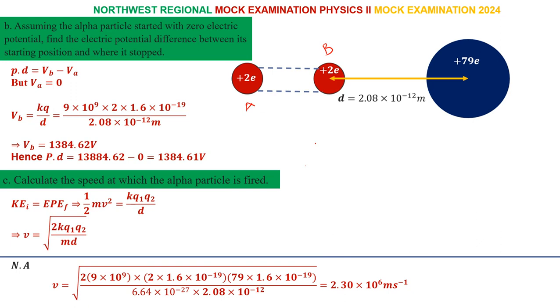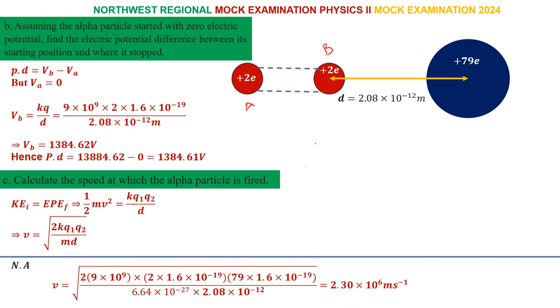So we have 2 times k, which is 9 times 10 raised to the power 9, times q1, which is 2 times 1.6 times 10 to the negative 19. q1 is my plus 2e charge, and q2 will be my plus 79e charge, which is 79 times the electronic charge e, which is 1.6 times 10 to the negative 19 coulomb.